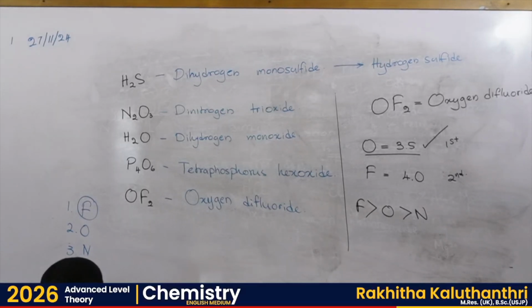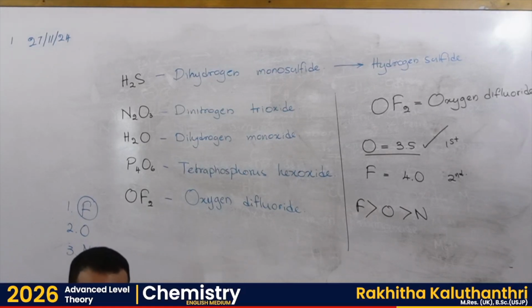Carbon dioxide, dinitrogen monoxide, sulfur. Sulfur should be written S-U-L-F-U-R. The E part is not needed. Sulfur trioxide. See, that's good that you guys send me the answer. If you are making small mistakes like this, I can highlight those, right?